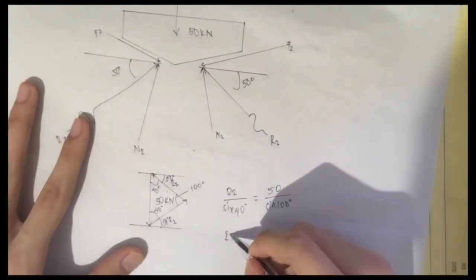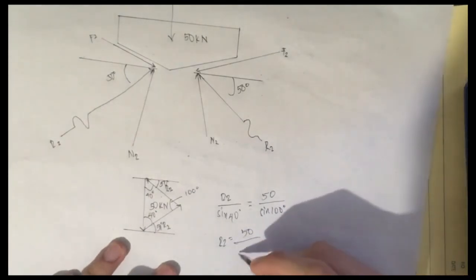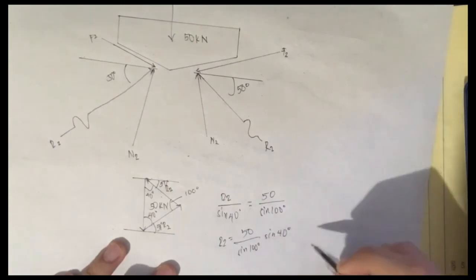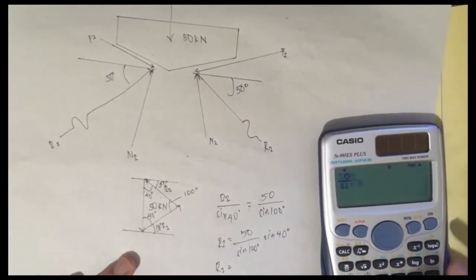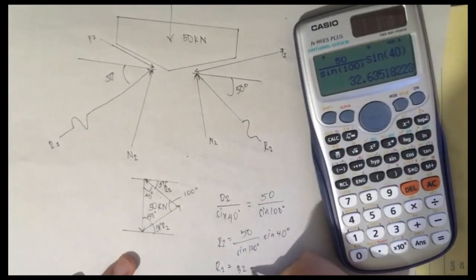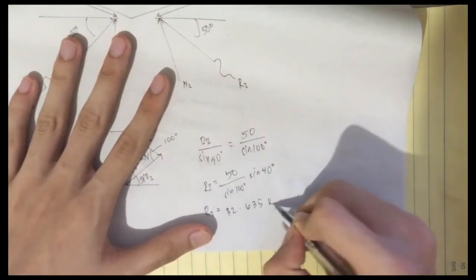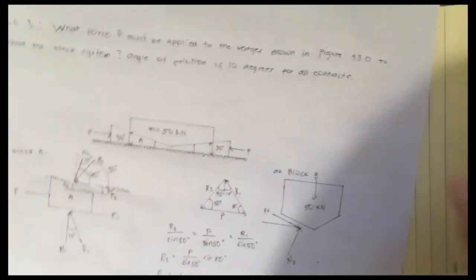So R2 is equal to 50 over sine 100 degrees times sine 40, and R2 is 32.635 kilonewton.